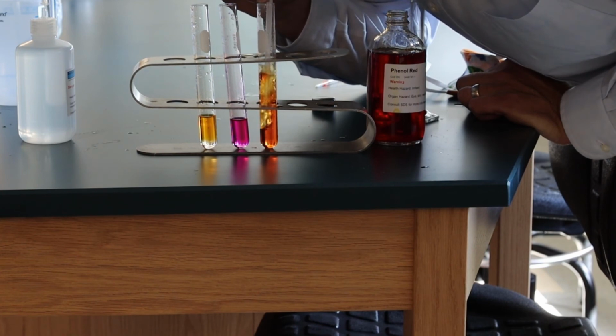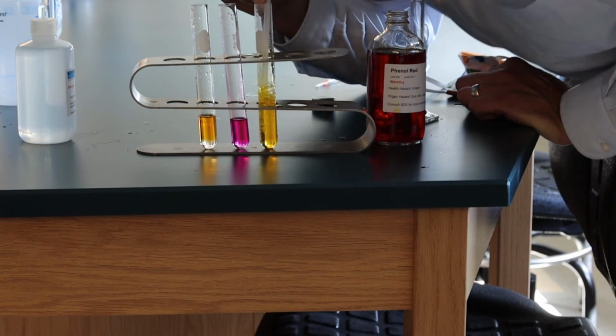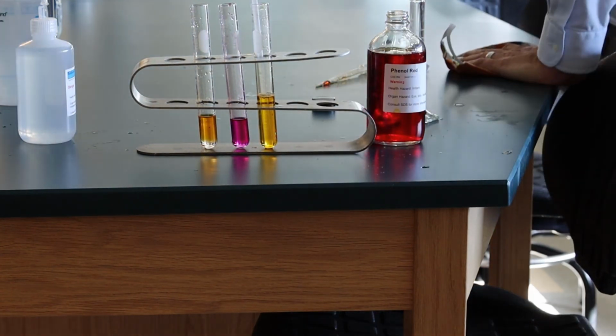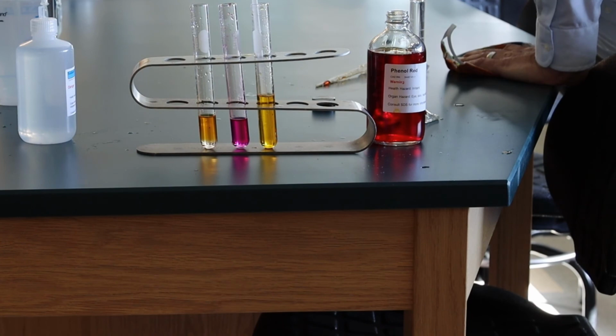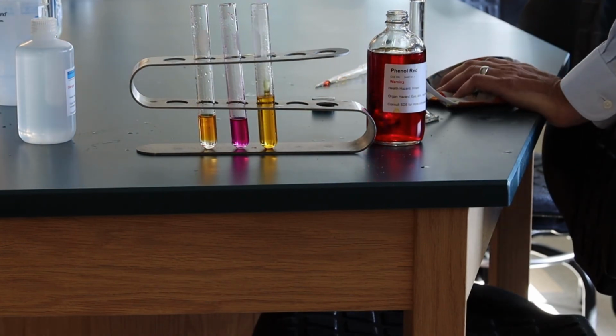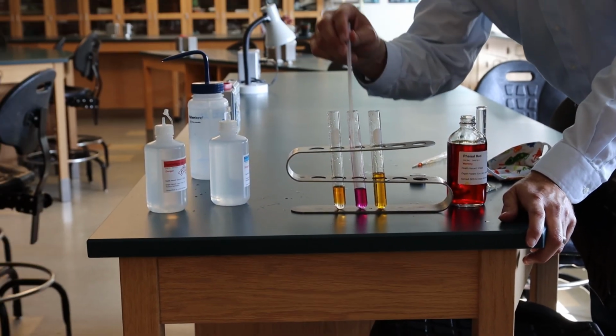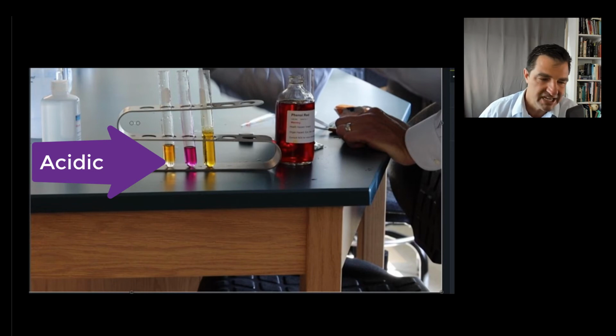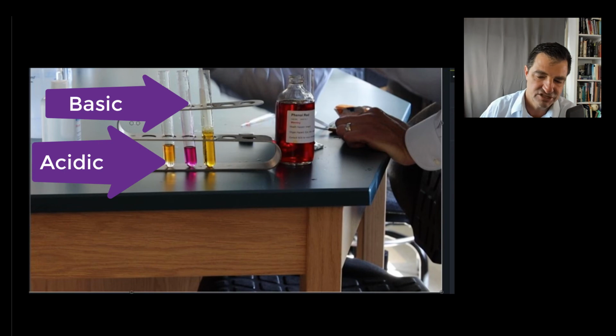When I blow into the tube, I'm breathing out CO2, and that carbon dioxide goes into the tube with the water in it, and it reacts with the water and makes that tube acidic. It makes it like the one with HCl, hydrochloric acid in it.